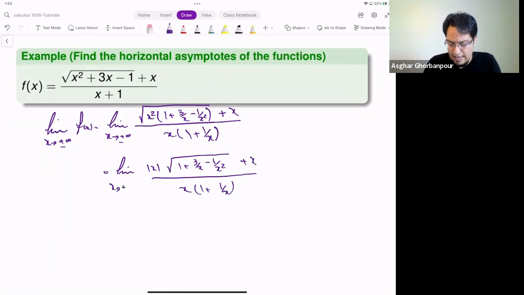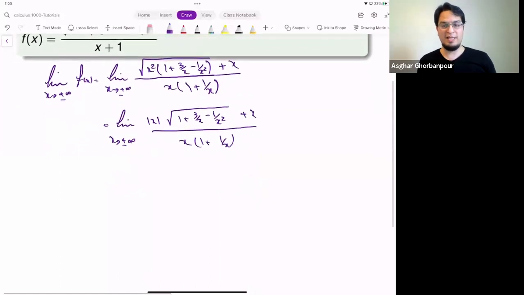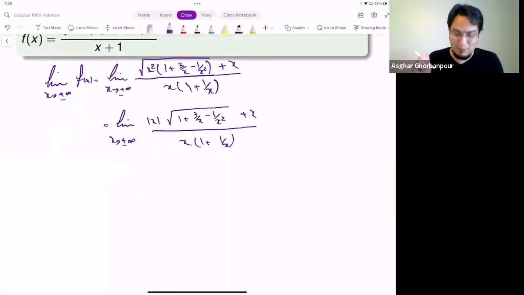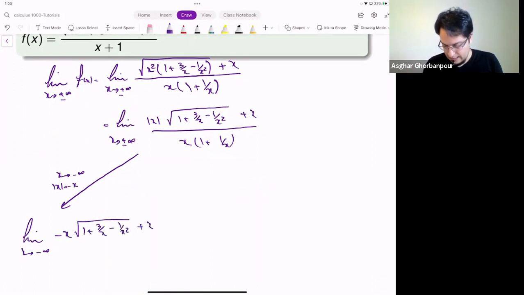As x goes to, again, plus or minus, doesn't matter. This type of calculation will be done for both. Here is what will make a difference. If x goes to negative infinity, the absolute value of x is negative x. So I will have the limit as x goes to negative infinity. This is minus x root 1 plus 3 over x minus 1 over x squared plus x.